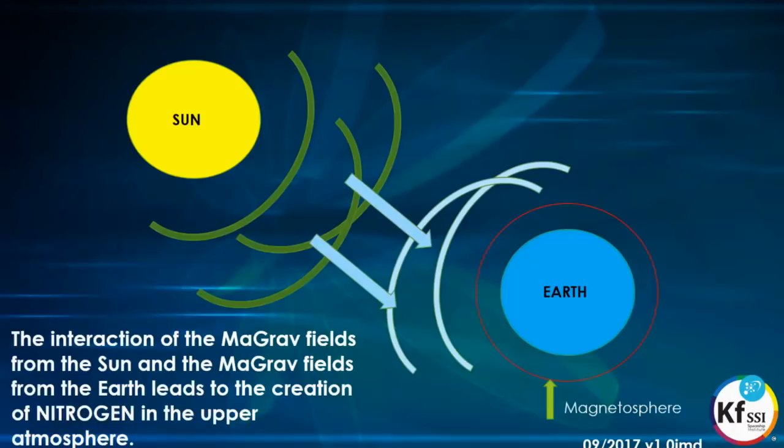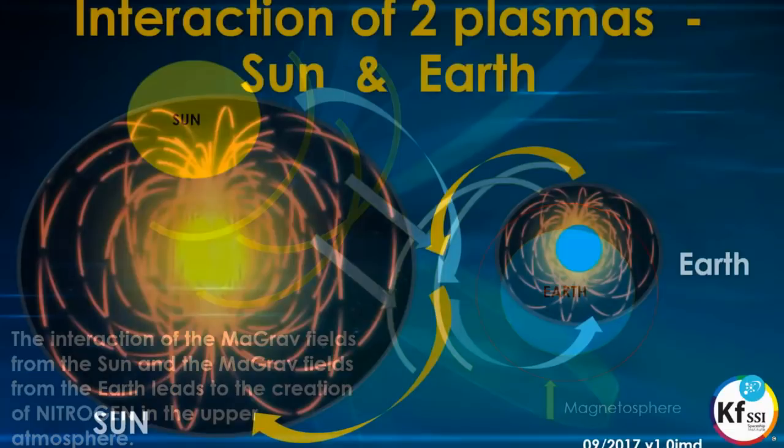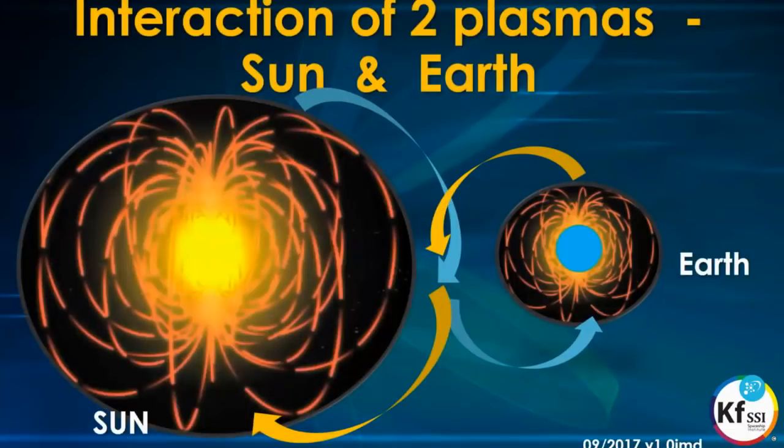So we have this interaction between the two plasmas, the plasma of the sun and the Earth, and it's this interaction of these fields which leads to that creation of the nitrogen for this planet. And here's just another slide just trying to illustrate the interaction of these two plasmas, the sun and the Earth.